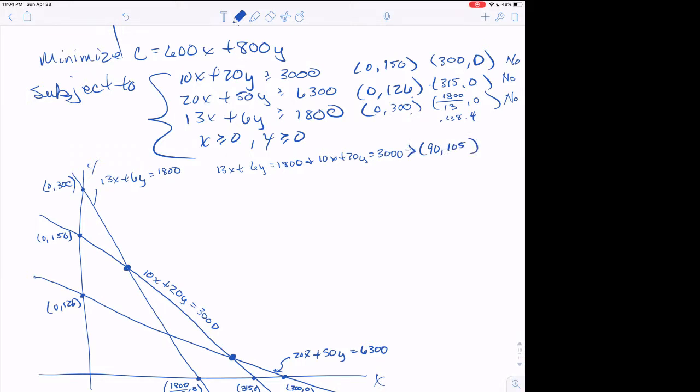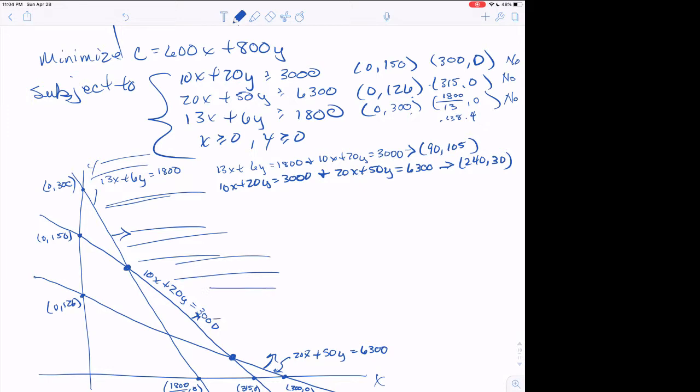And I need to find where 10x plus 20y equals 3,000 and 20x plus 50y equals 6,300. And that point is 240, 30. And this all goes this way. So the region I'm looking at is this region out here.